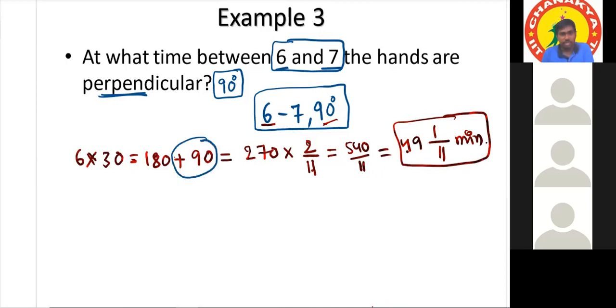Actually, if you think theta, 30h minus 11 by 2 m equals plus or minus theta. The plus or minus will be there, right? So we can take the other value. Theta: 30h minus 11 by 2 m equals plus or minus theta.